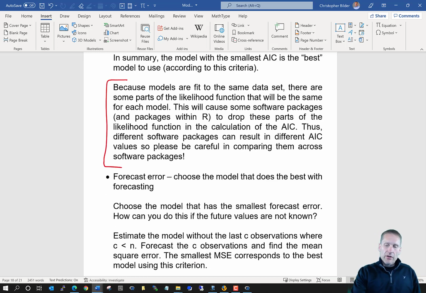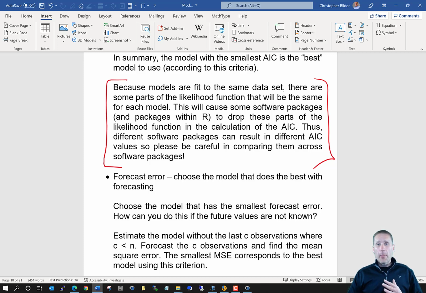Now, a little note here. I always bring this up whenever I teach AIC in a course. AICs can be calculated in a different manner across the different software packages, or even across different packages inside of R itself.